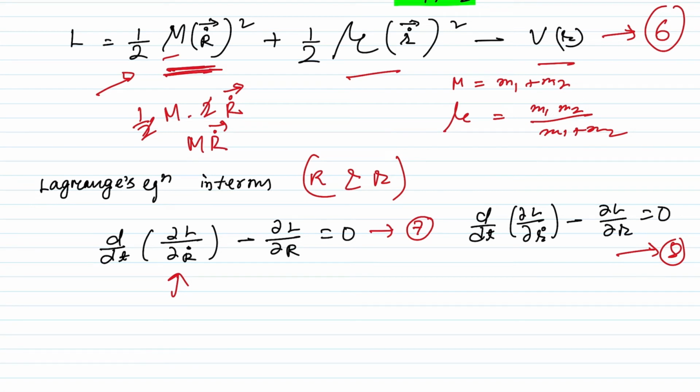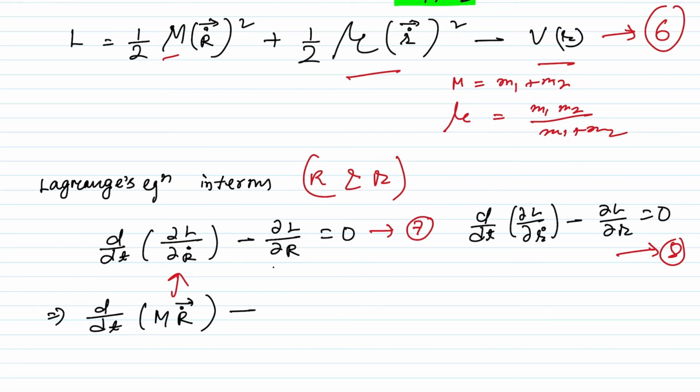So what we will get here is d by dt of M R dot vector minus del L by del capital R. From equation number 6, there is no function of capital R, so del L by del capital R will be equal to 0.